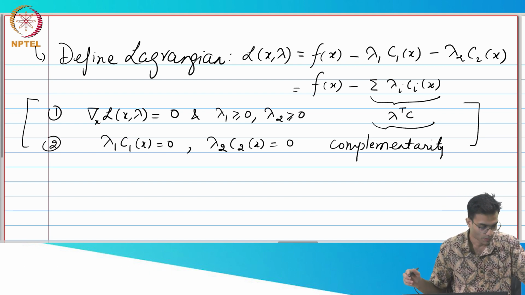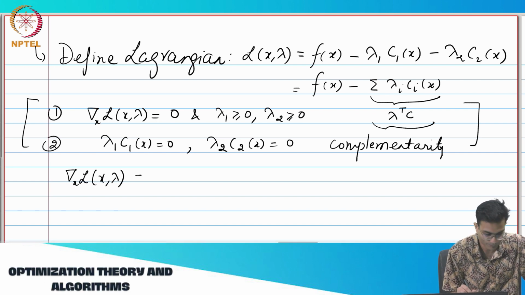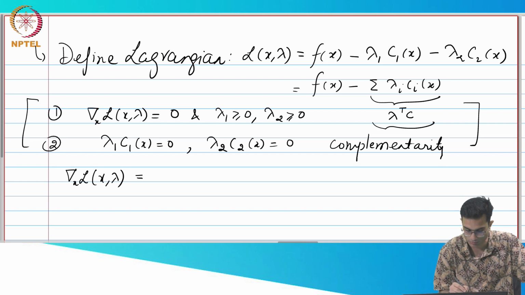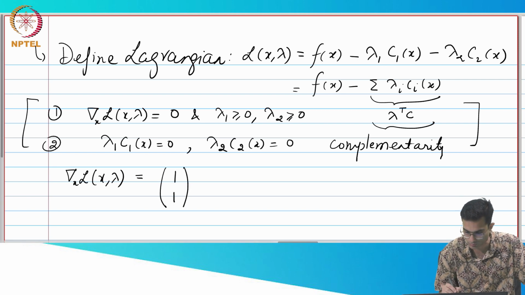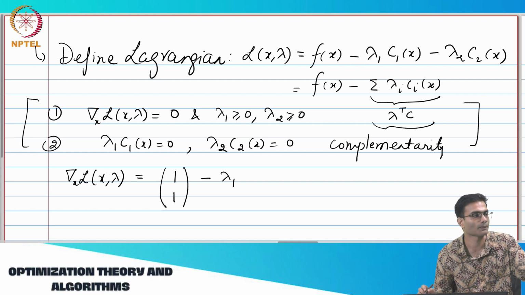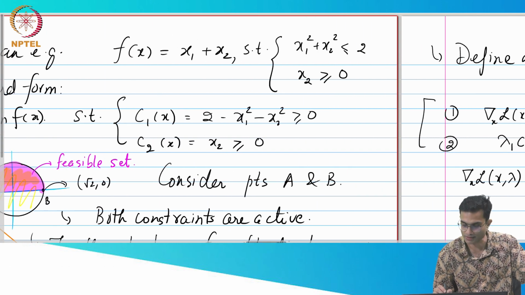Okay. So now let's write down a general expression for grad L. What is grad f? We've done this many times. It's 1, 1. Minus lambda 1 times grad C1. Let's look back at how we defined it: minus 2x1, minus 2x2.